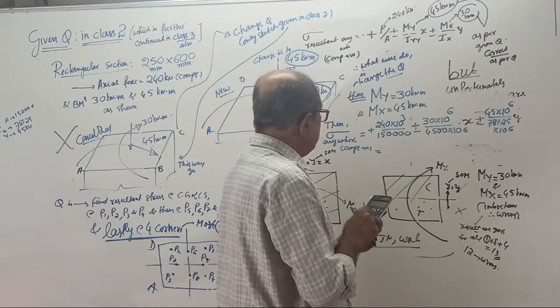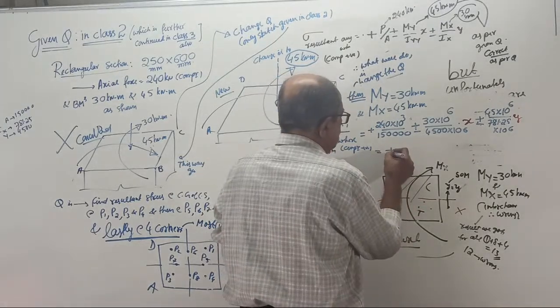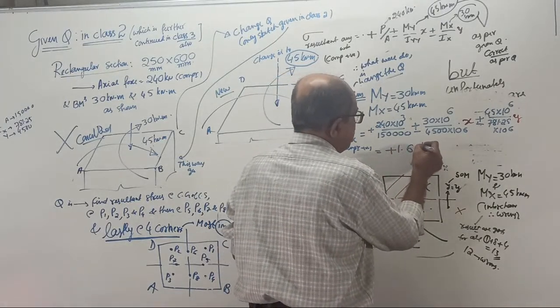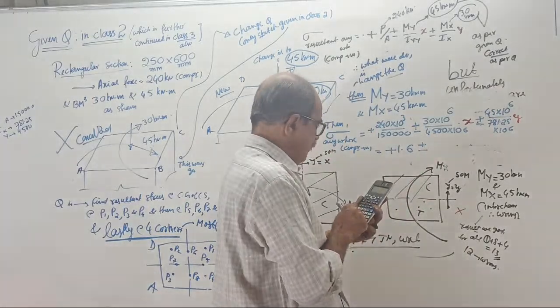240 times 10 to the power 3 by 150000 equal to plus 1.6, plus or minus 30 divided by 4500.